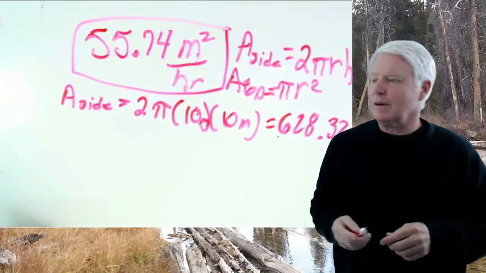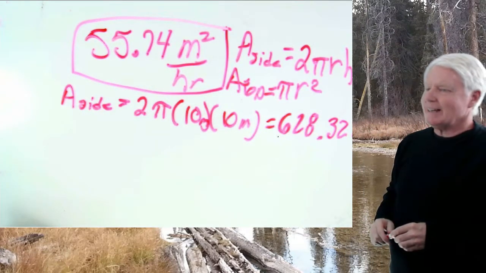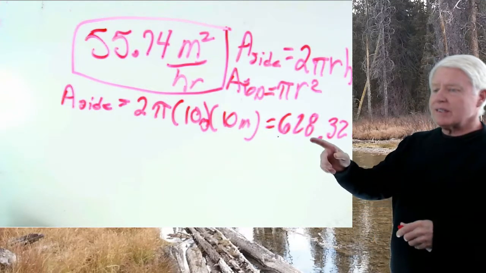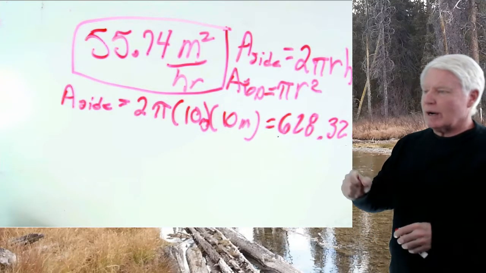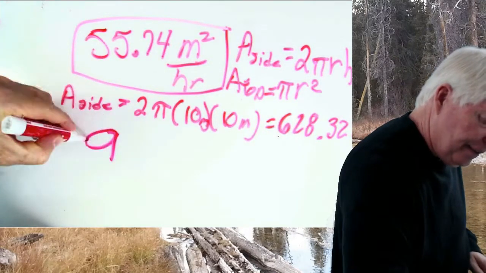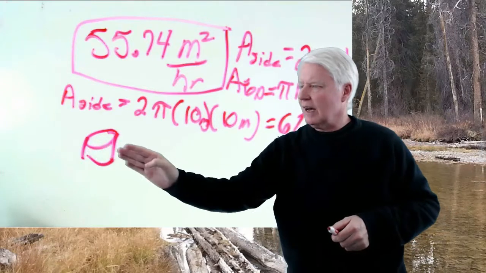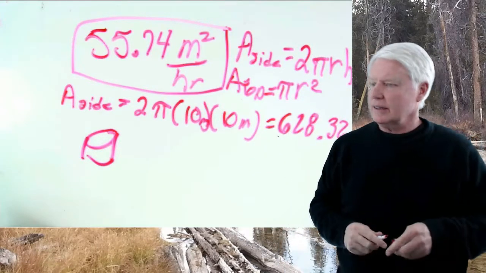I don't know if I had enough room for all of that, but I got the number on there. The meters didn't quite make it. It's right there. So this is 628.32 square meters. And that is just the sides of the cylinder. This is just calculating the area of the side of the cylinder.